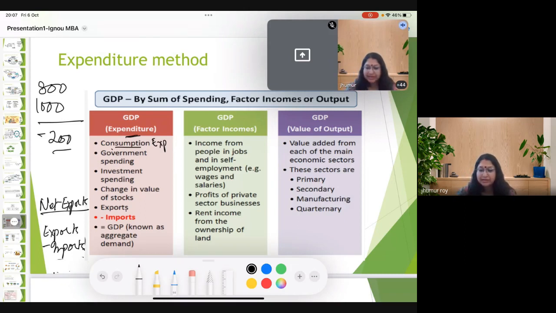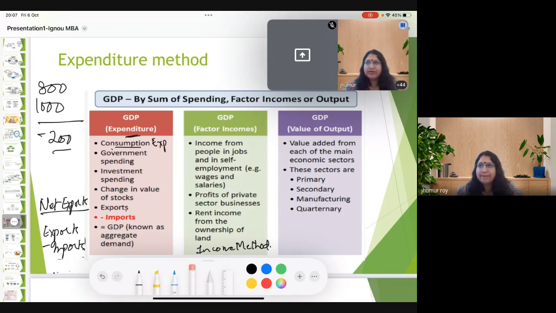Then the second method is called the income method. In the income method, what you take is income from all the factors of production, like I just told you: rent, wages, interest, and profits. But along with this, some people are not working in any sector. They are doing their own work.